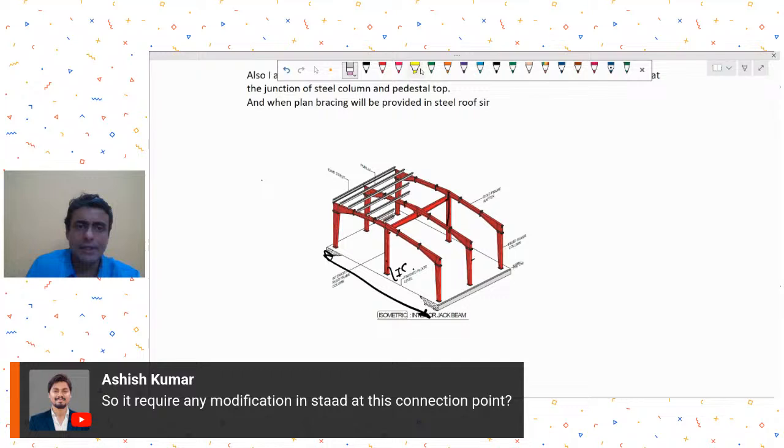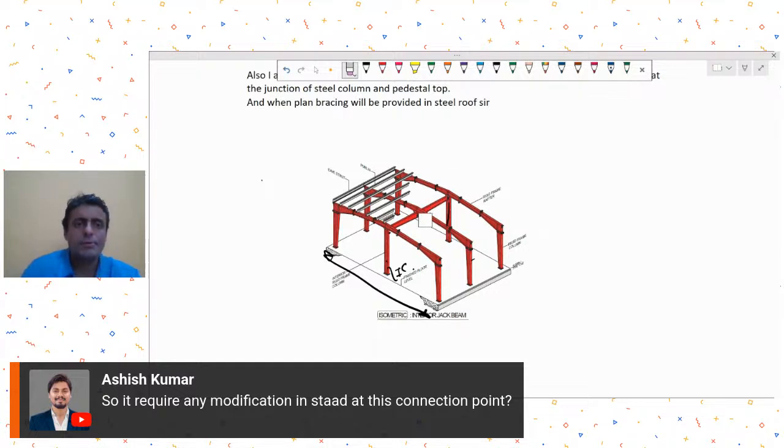So this green element, what is happening? Just a minute.